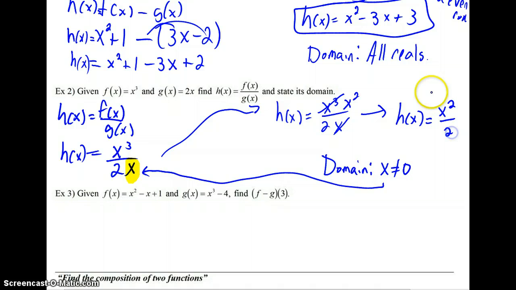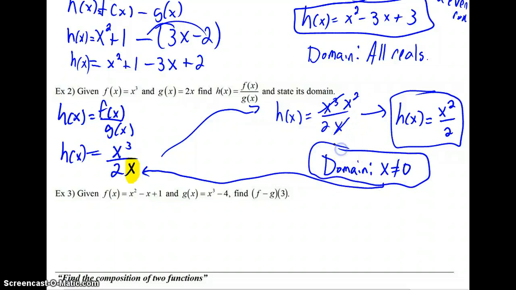Now I want you to notice something right now. In this simplified form, there is no x down below in the denominator, yet our domain still must restrict x equaling 0. So always look for domain restrictions before you cancel.